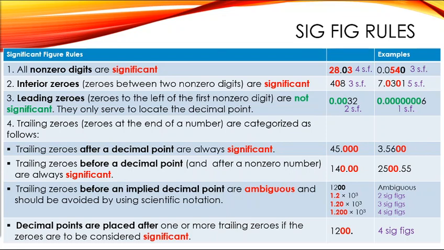Rule 4 is broken up into a couple of different bullet points, mainly because trailing zeros have their own issues. Trailing zeros are zeros that come after your value. Trailing zeros after a decimal point are always going to be counted.